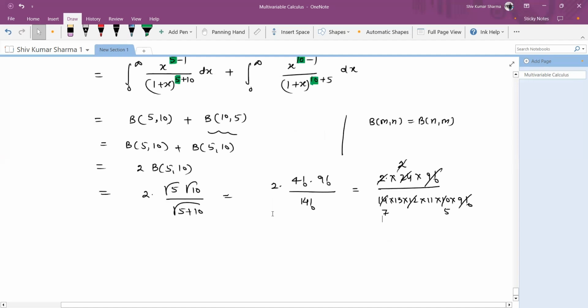So the numerator is 1 upon 5 into 7 into 11 into 13. So this will equal 1 upon 5005.